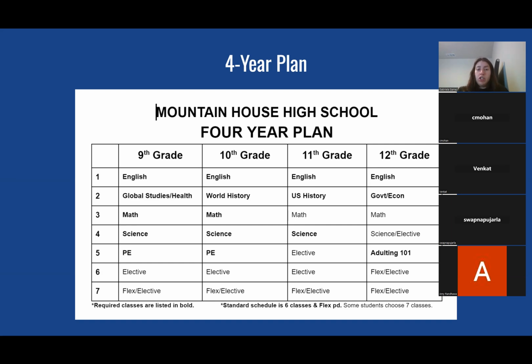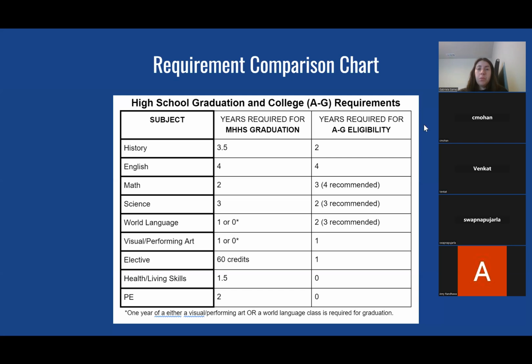So take a look at this chart. This chart is also on our website, but I want to get more into the A to G. So the requirement comparison chart is what we have here, kind of what I was talking about before. We have the Mountain House High School graduation, and next to it the A to G eligibility.